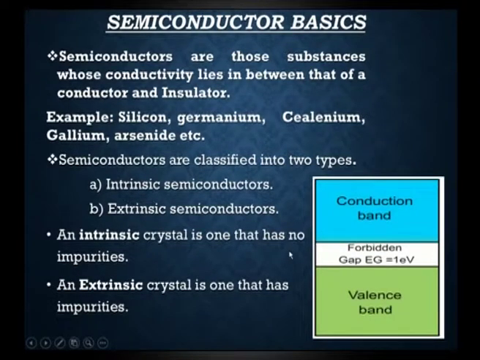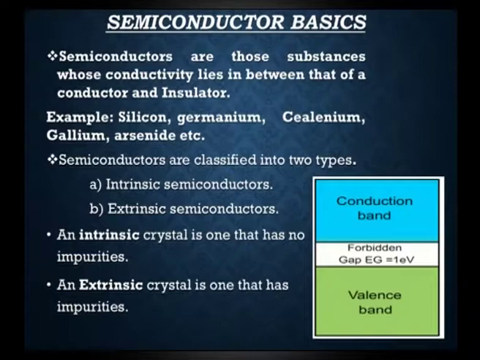In semiconductors there are two types: intrinsic semiconductor and extrinsic semiconductor. An intrinsic semiconductor is a pure form of semiconductor, when no impurity is added.